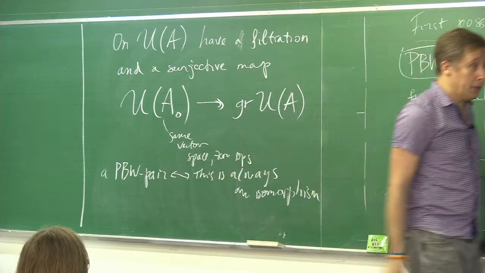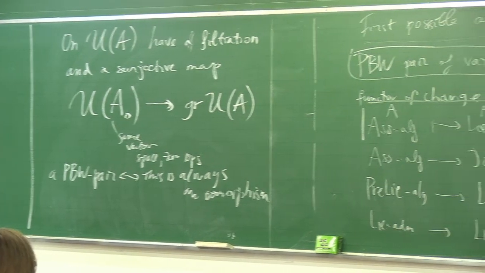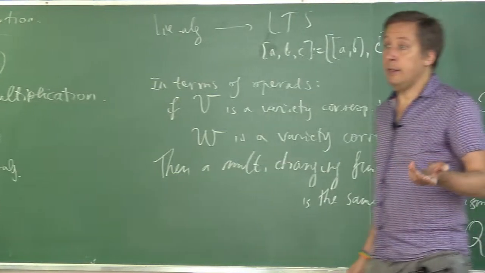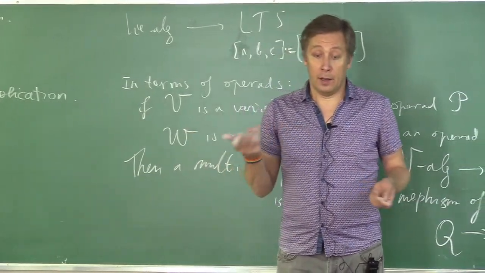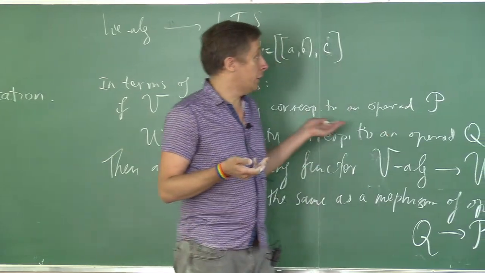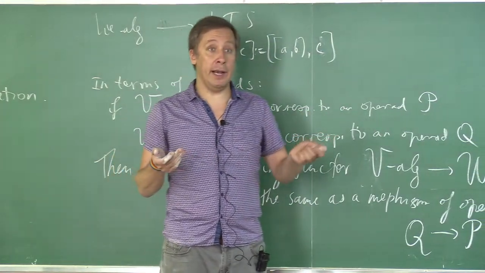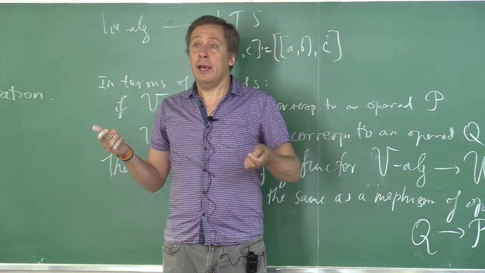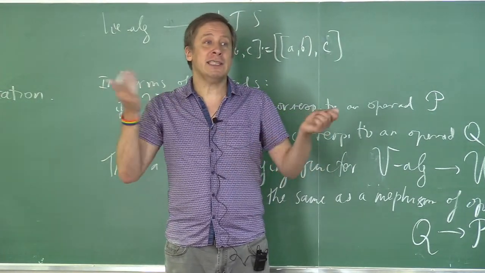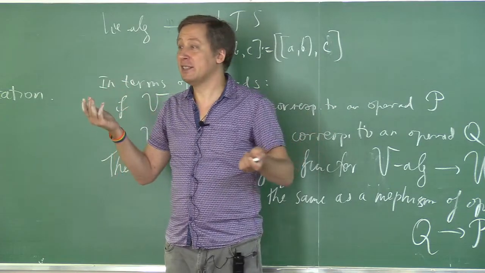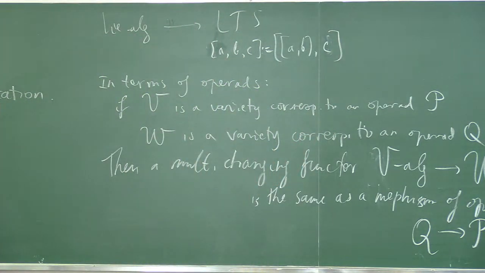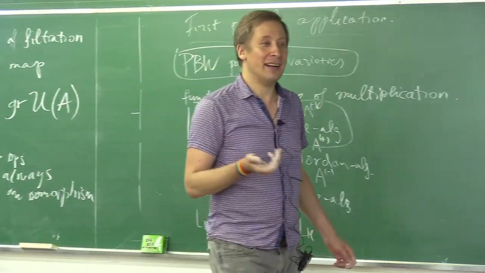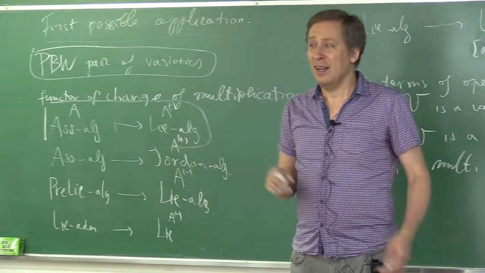So essentially, a PBW pair is this kind of situation in the functor of change of multiplication, where the universal algebra, roughly speaking, as a vector space looks the same regardless of what your operations are. It always looks like the universal envelope of the algebra with zero operations.